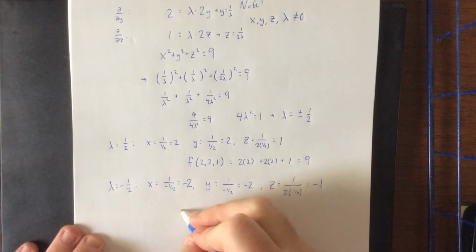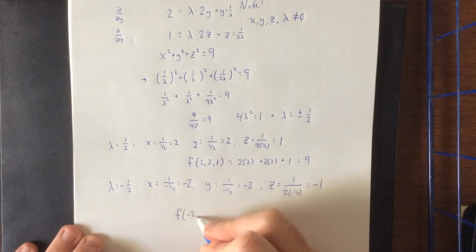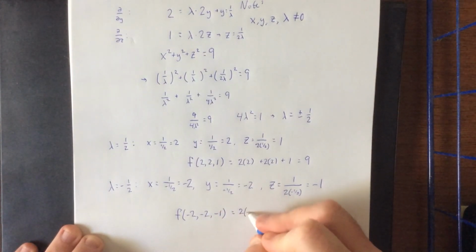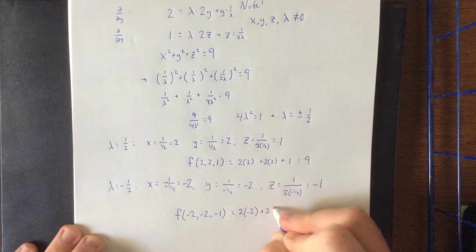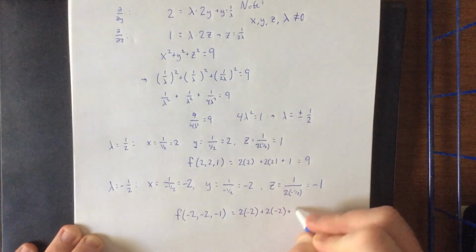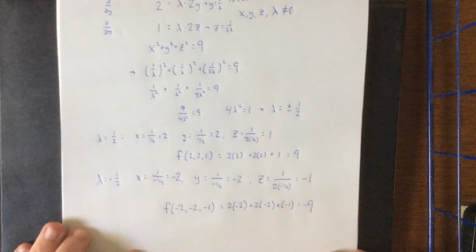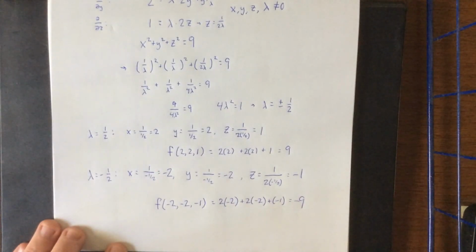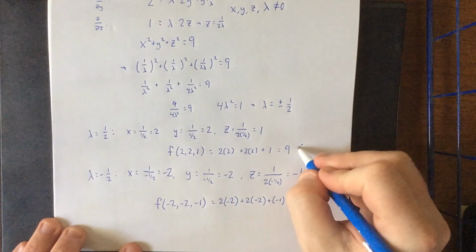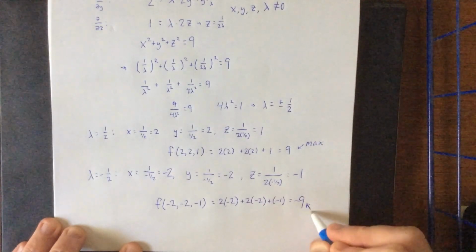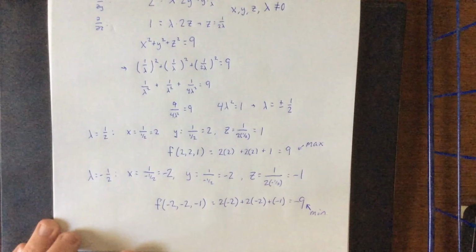Plugging that into the given function, f of -2, -2, -1 is equal to, for the exact same work from above, -9. Normally, if you have a lot of values here, whichever one is largest is your maximum value, and whichever one is most negative or smallest, that'll be your minimum value.